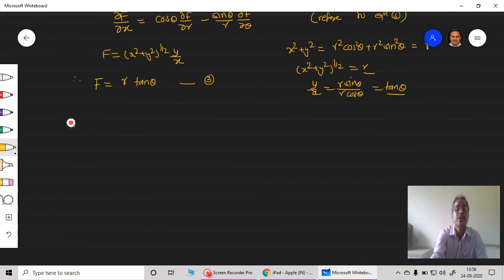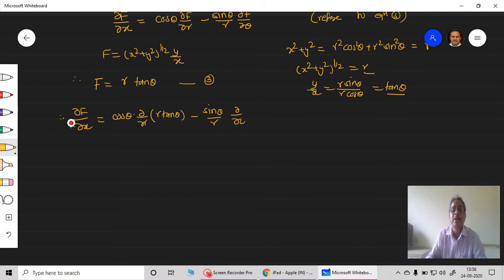So using the chain rule we already obtained, del f upon del x is equal to cos theta into del by del r of the given function capital F, r times tan theta, minus sin theta upon r into del by del theta of again r times tan theta.